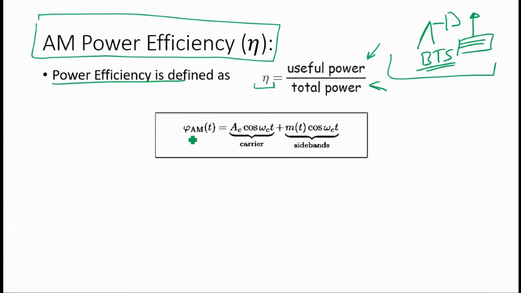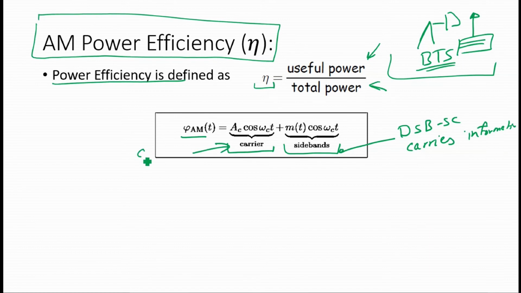Now dealing with the AM signal, we have a signal which has a carrier and sidebands. This part was simply DSB-SC, right? And it carries information. On the other hand, this is the carrier or reference, say a pilot used for reference again.